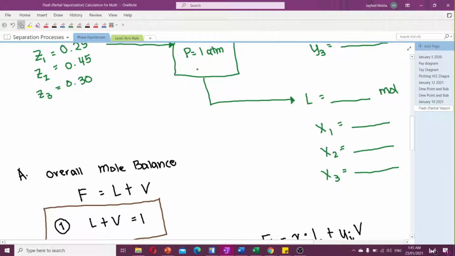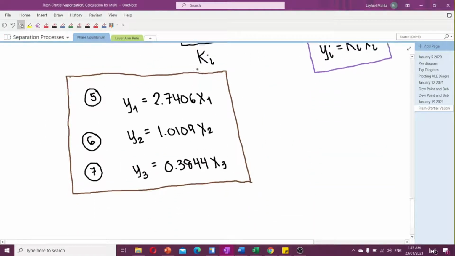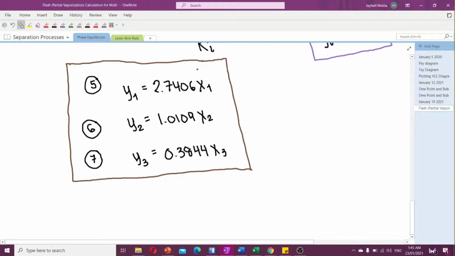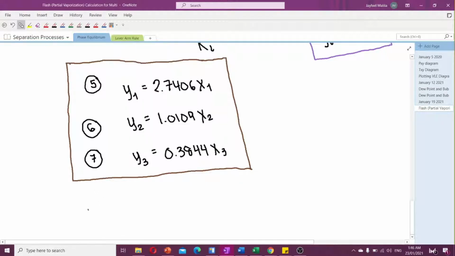Okay, so I think what we can use to further satisfy the equation is the eighth equation.